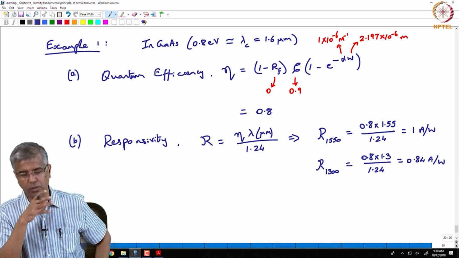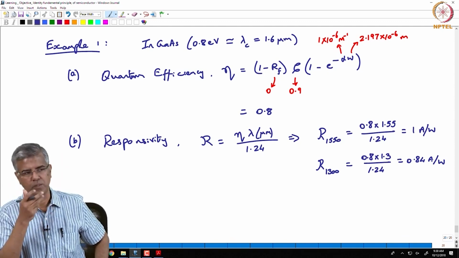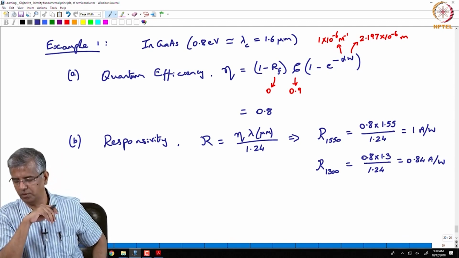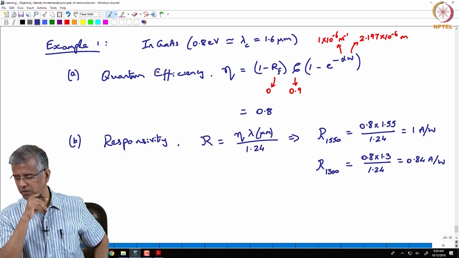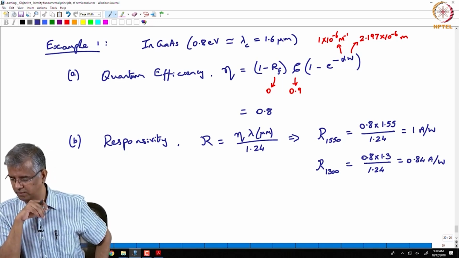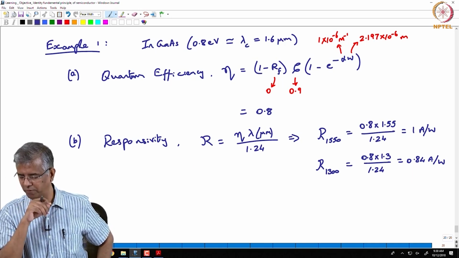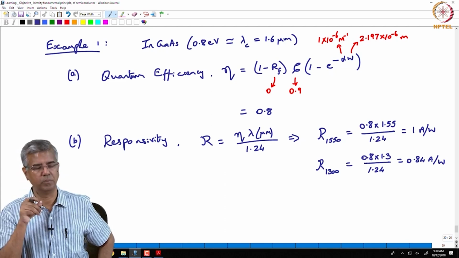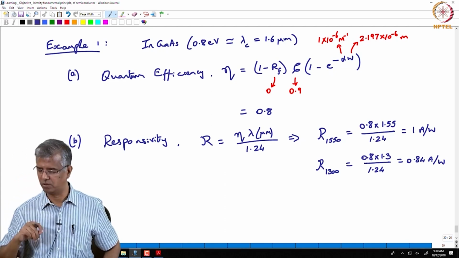So, the responsivity can be anything. It can be even 2 amperes per watt. If you have a longer wavelength, you can get 2 amperes per watt. So, once again, people tend to think that responsivity should be a fractional value. No, it does not have to be less than 1.